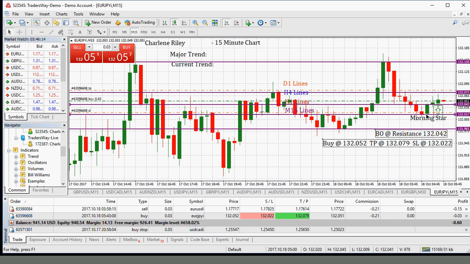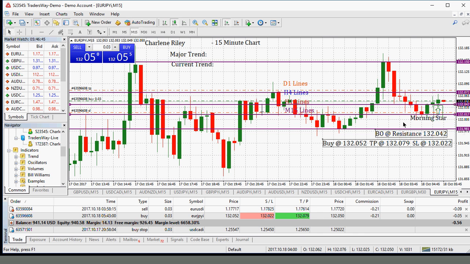We had our morning star, or you could have said tweezer bottom, either or, but you waited for this candlestick to close to confirm the pattern, and then you didn't do anything until the next pattern to confirm your breakthrough. And then once you have your pattern, you have your breakthrough, and then either your buy or your sell.